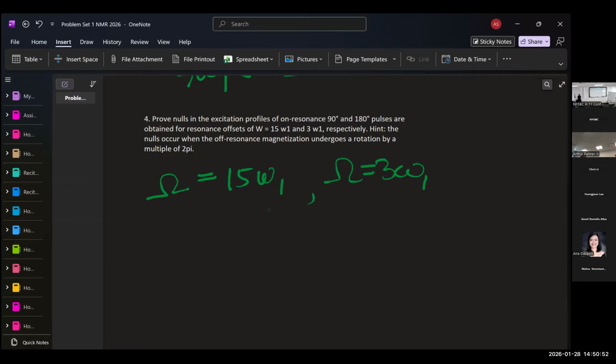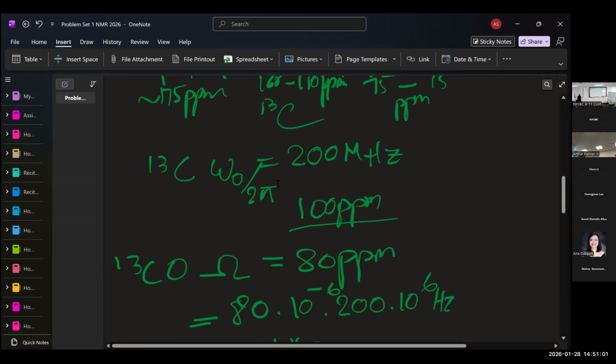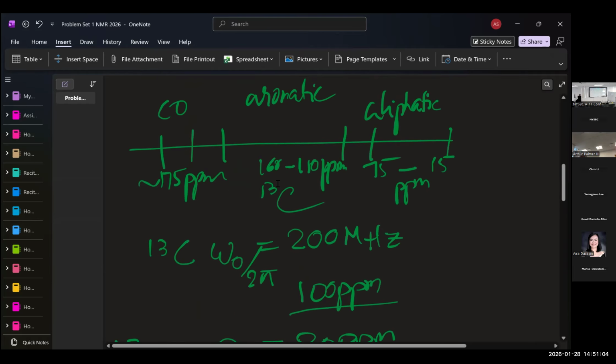Does that make sense? Go back to the carbon scale that I was showing you. You apply a 90-degree pulse on, say, an aliphatic carbon at 60 ppm, so your carrier frequency is 60 ppm, and you saw zero signal in the carbonyl region.